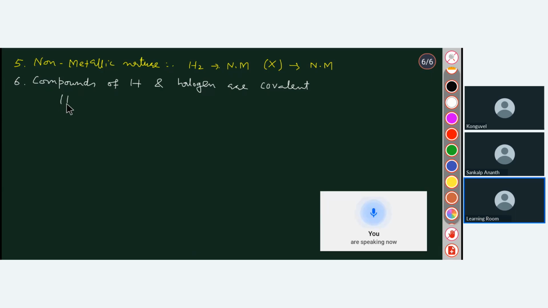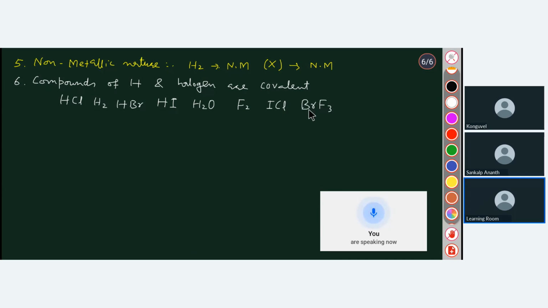For example, hydrochloric acid, the H2 molecule, hydrobromic acid, HF, all these are covalent compounds. H2O, water, is a covalent compound. Similarly, halogens also form covalent compounds, for example F2, ICl, BrF3. All these are covalent molecules.